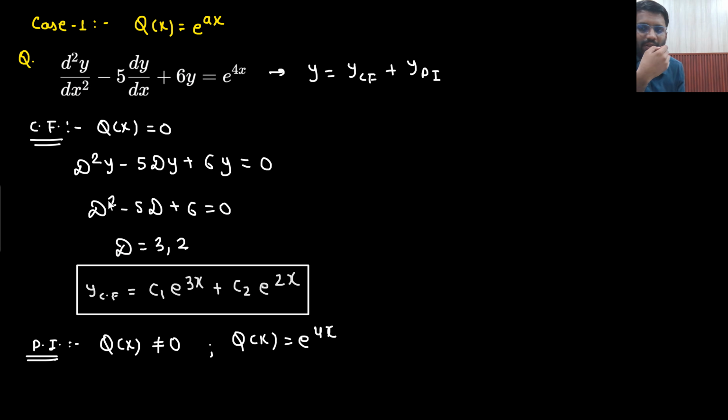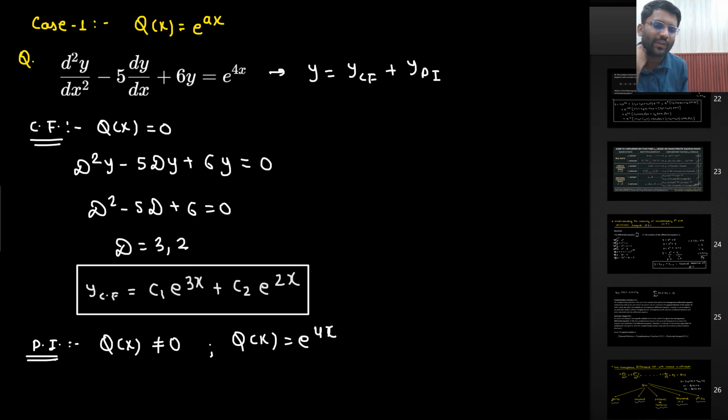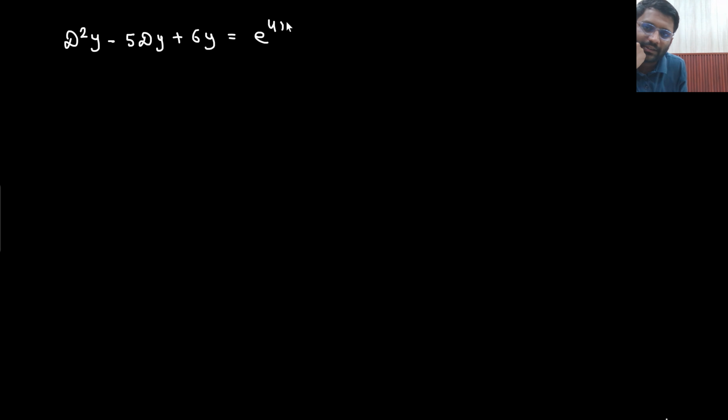So what will we do? Complementary function I have calculated. How to calculate particular integral? So sir, my equation is D squared y minus 5D y plus 6y equals, this time Q of x is not 0. So Q of x is simply e to the power 4x.